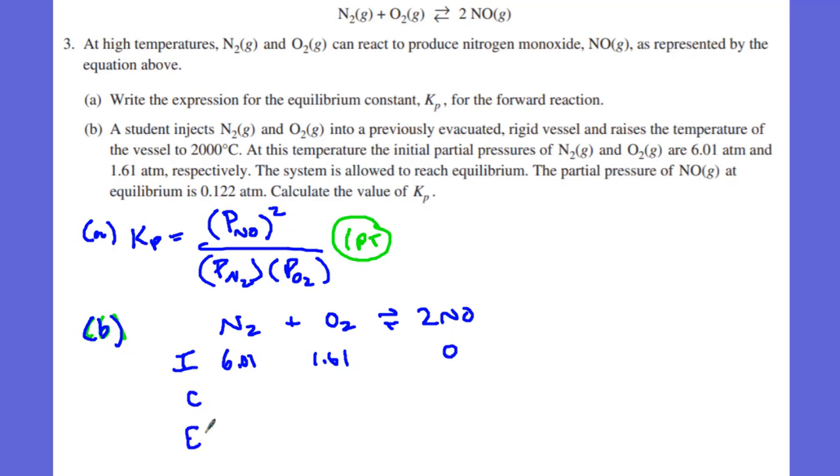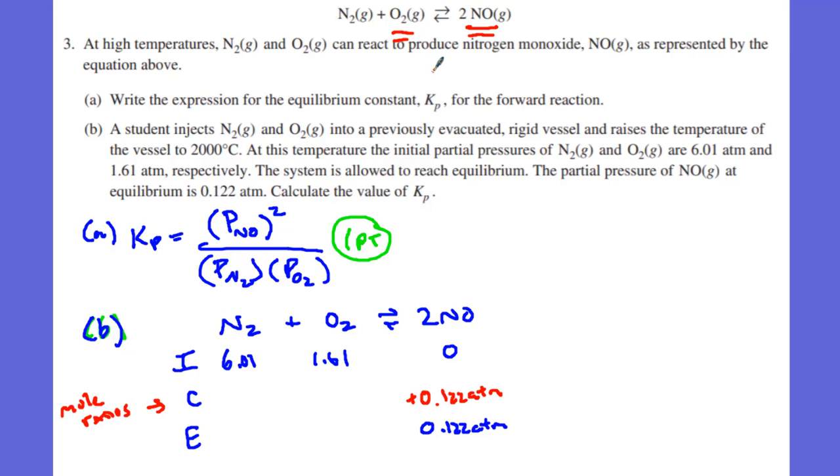And change, equilibrium. Now, they need to give me either something at equilibrium or the total partial pressure at equilibrium. It tells me the partial pressure at equilibrium is 0.122 atmospheres of the NO, which means, remember, the change is working via your molar ratios. So we're looking at our molar ratios for this, which means I increase 0.122 atmospheres here, which means for every 2 NOs we increase, we're going to decrease 1 mole of the O2.